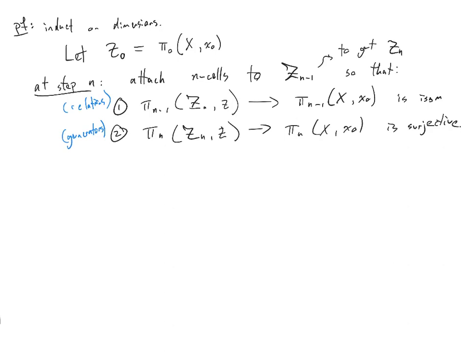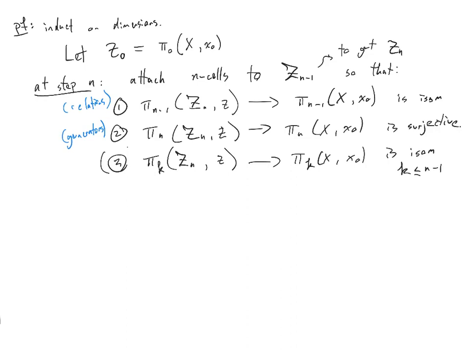And then I should say 3, but this basically goes in parentheses, is that π_k mapping from Z_n to Z to π_k of X_0 is also an isomorphism for k less than or equal to, but that's property 1, n minus 1.